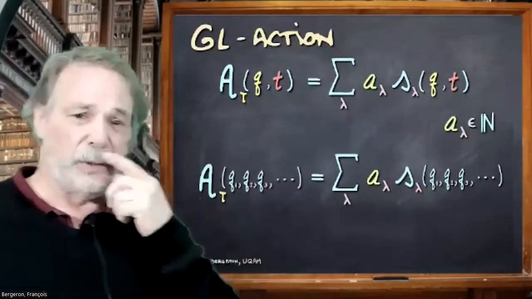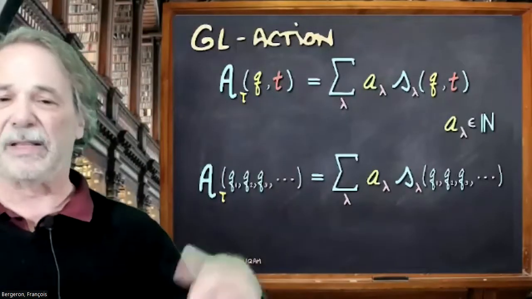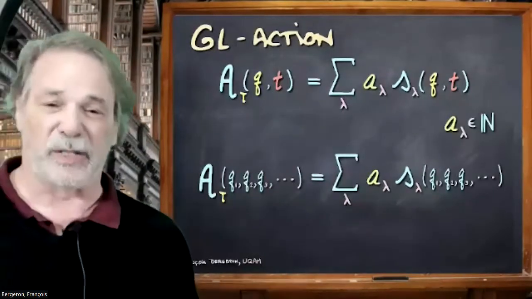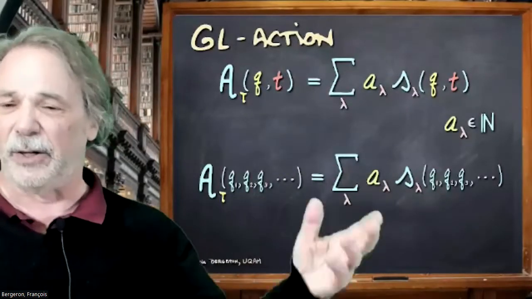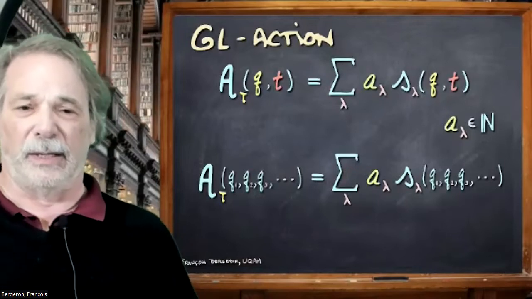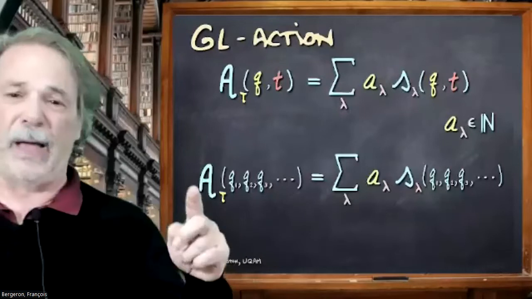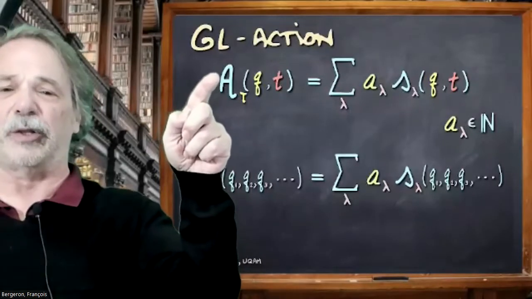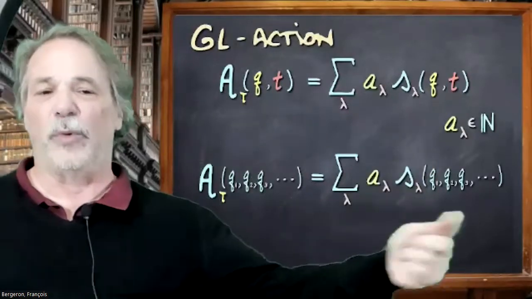But what I want to do is replace 2 parameters by many. And it's not more expensive to go to infinitely many. It's even easier to program on a computer. You don't have to deal with exceptional cases. So I'm going to replace this expression, adding to it other terms with more parameters.